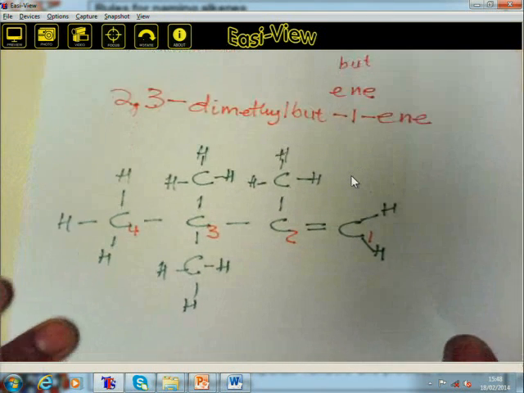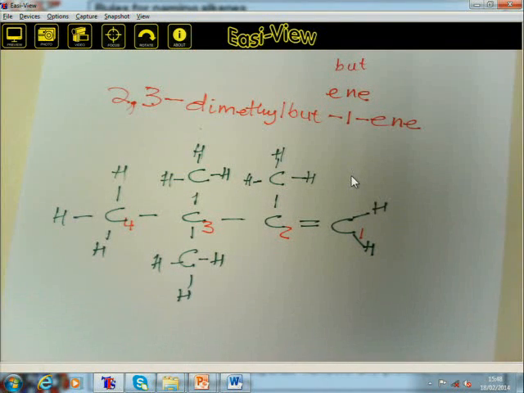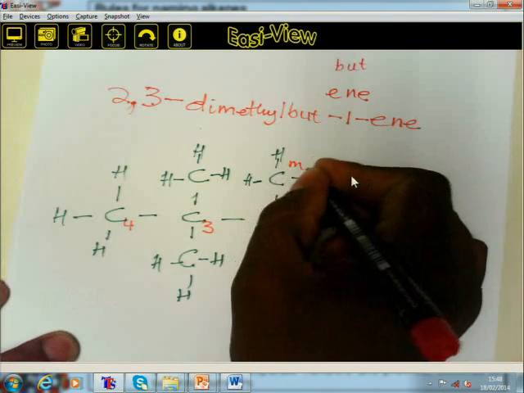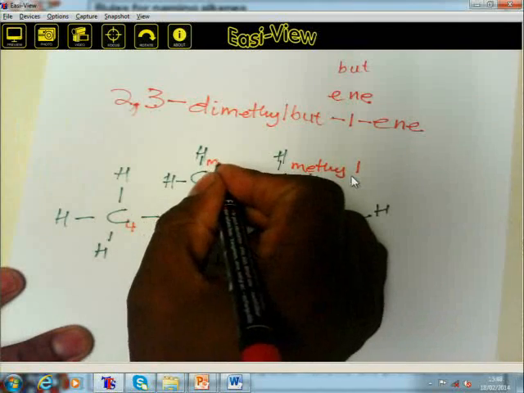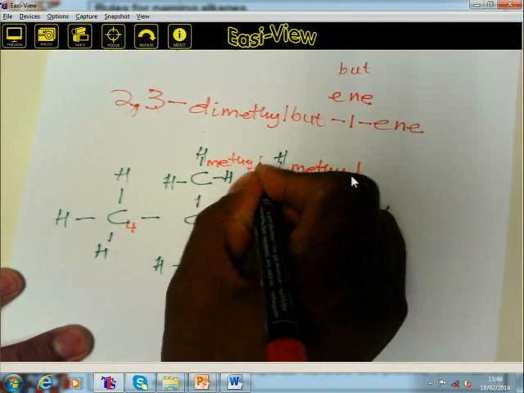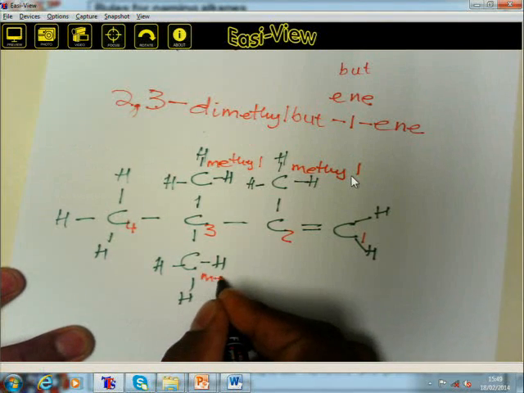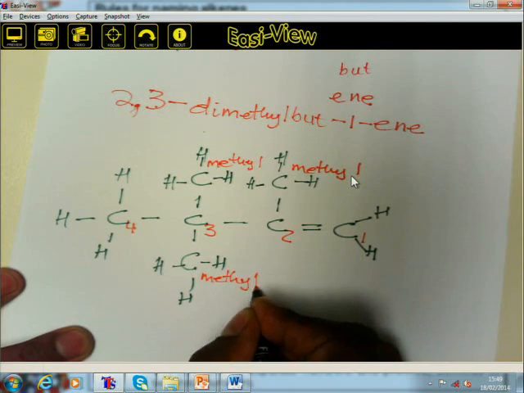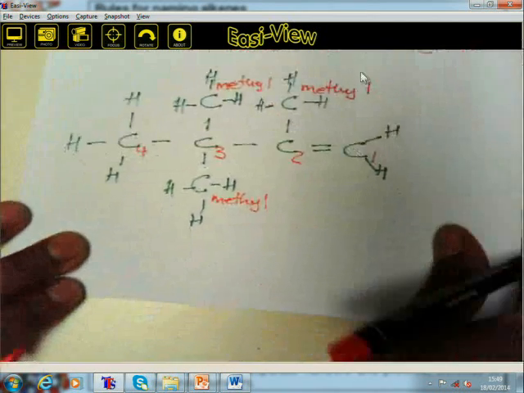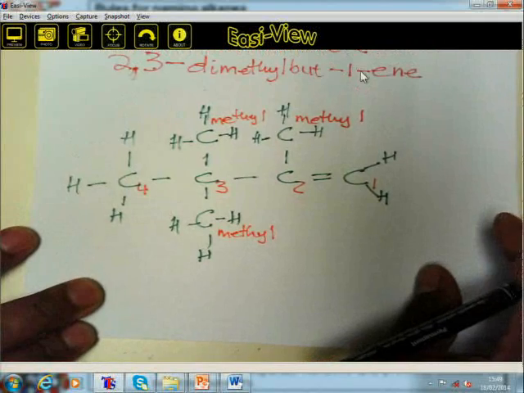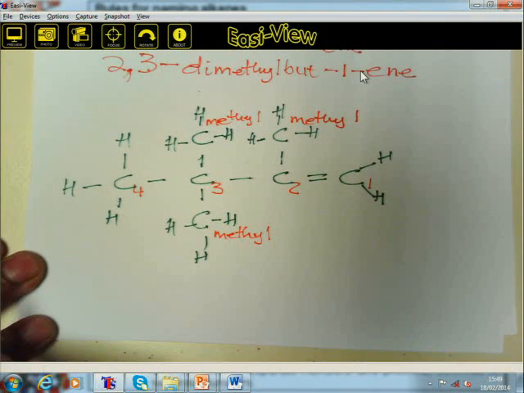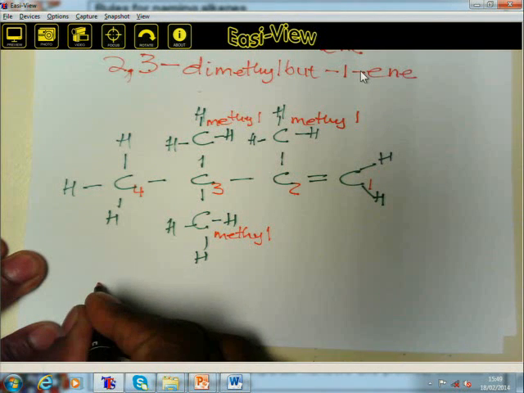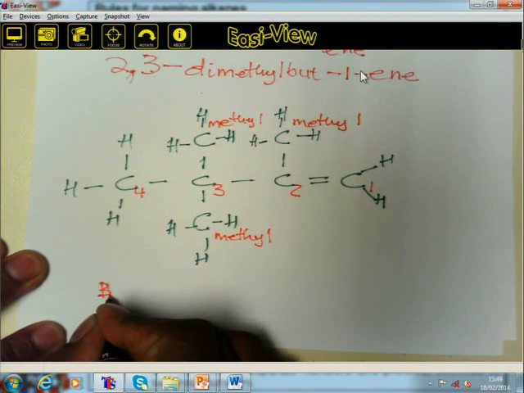But if you have a look at this one, there you've got a methyl, and then we have another methyl there, and there's another methyl at the bottom here. All right. So let us give the name to this compound. When you give the name to this compound, you check the position of your substituent. At carbon number 3, it's not number 3.